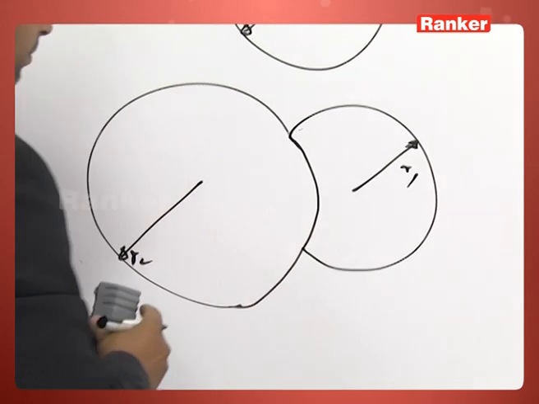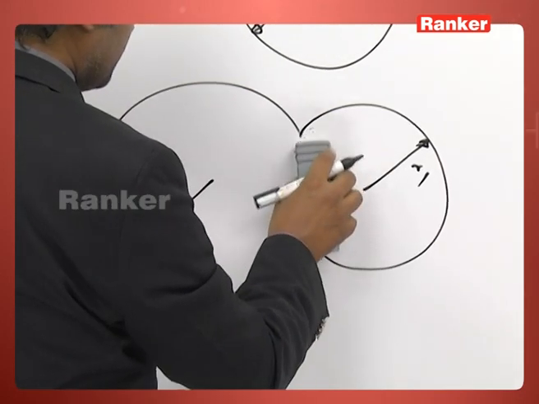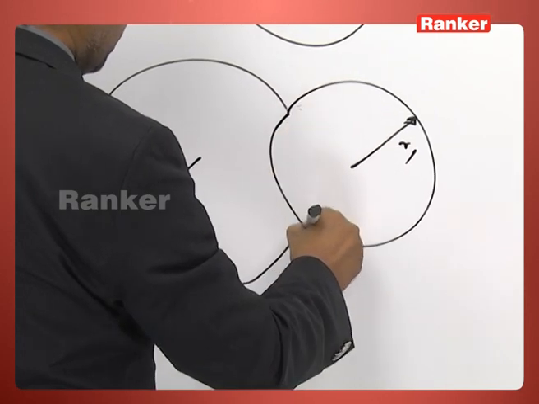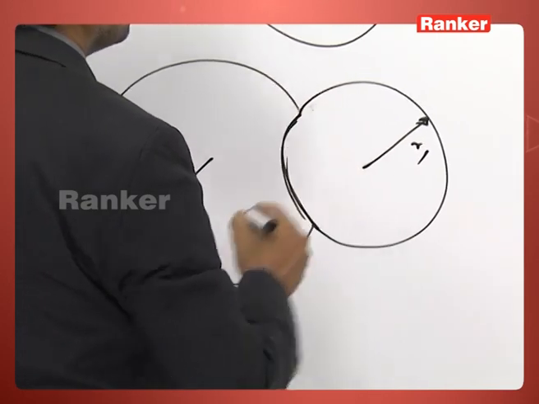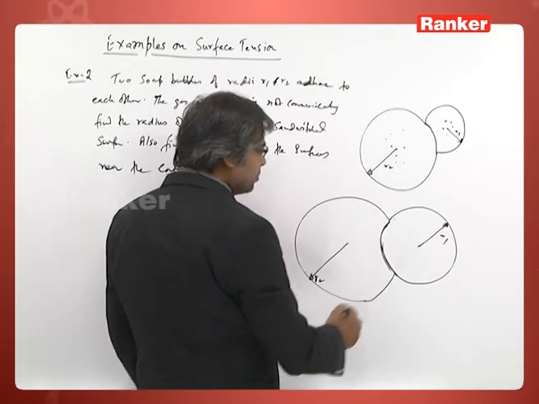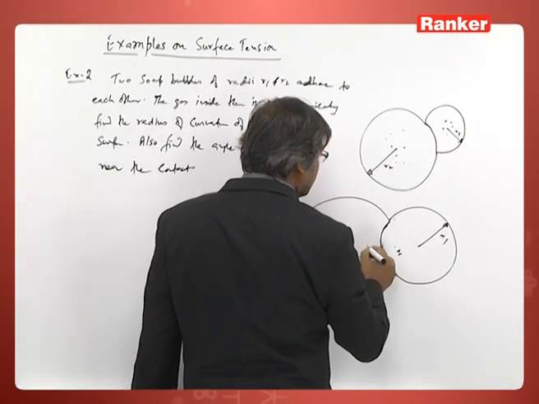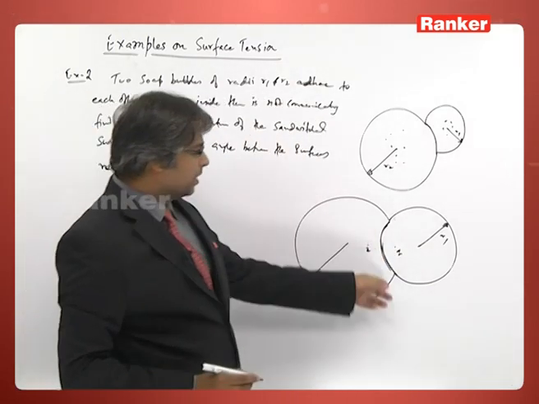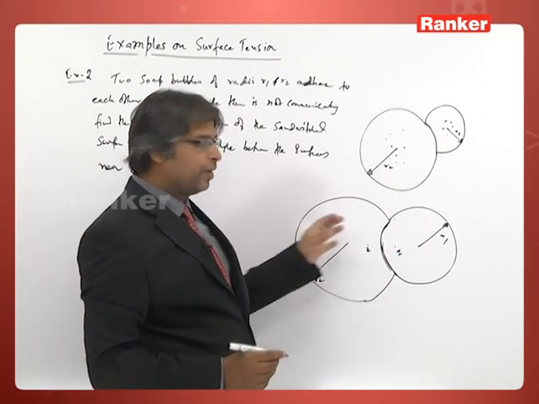We have to find its radius of curvature. We have two points, point 1 and point 2. This surface separates the contents of 1 and 2.